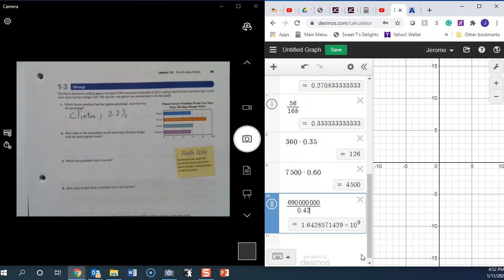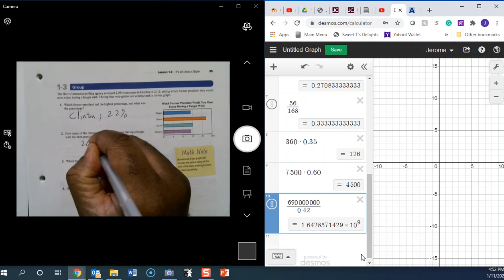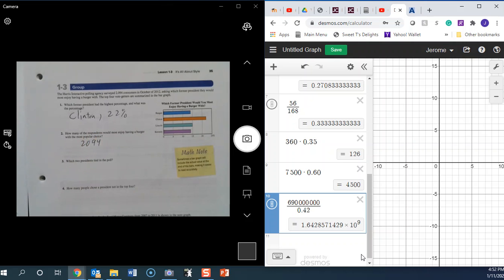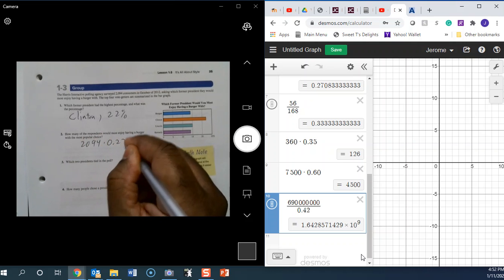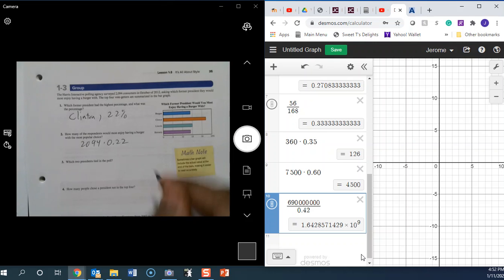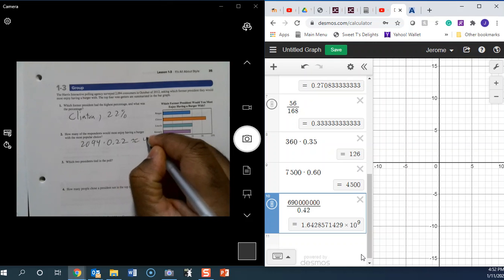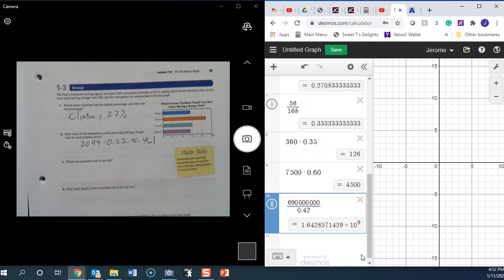Okay, now number 2. How many of the respondents would most enjoy having a burger with the most popular choice? So it's 2,094 consumers, and Bill Clinton is at about 22%. So we'll multiply that by 0.22, and your answer would be approximately 461.